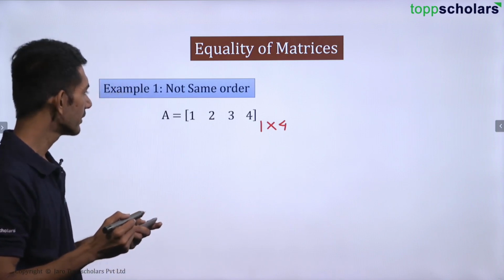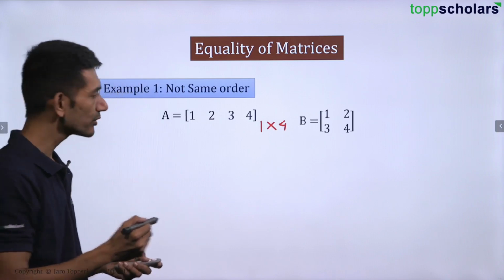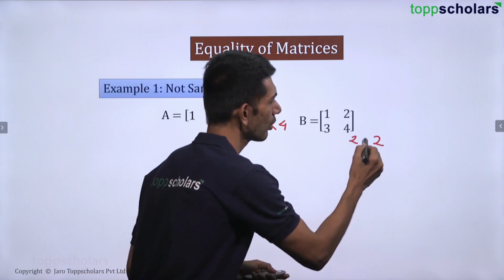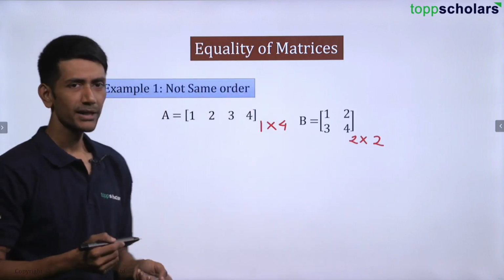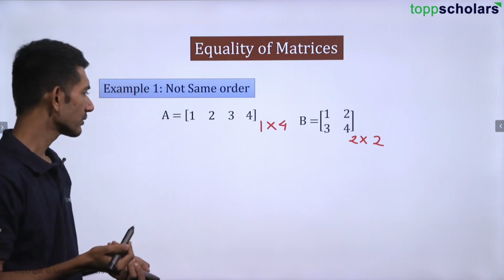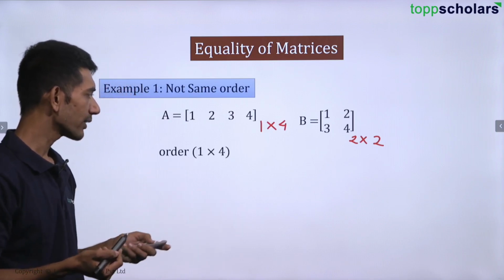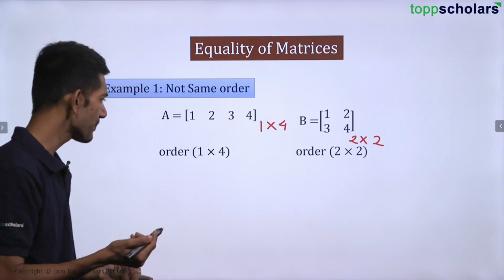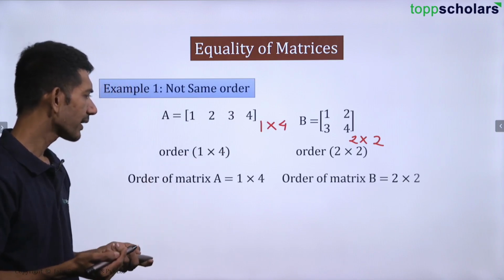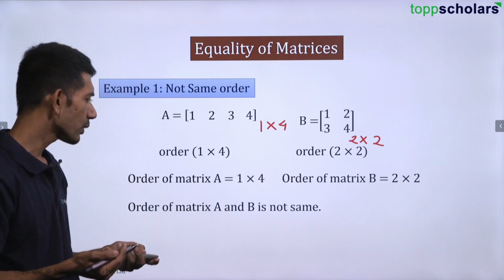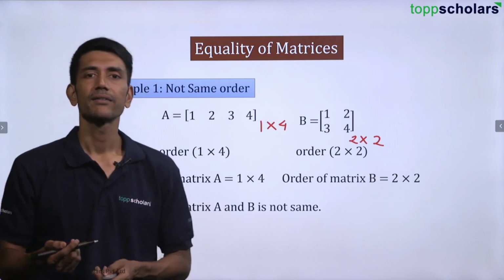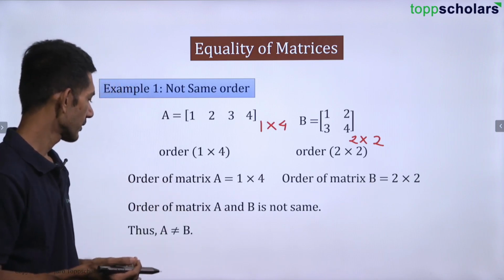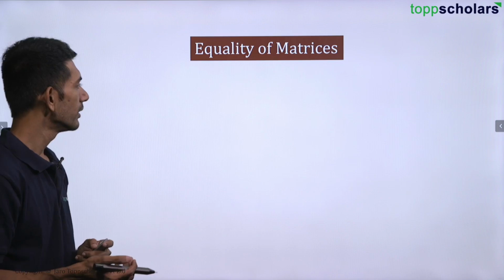Then we have B. How many rows are there? 2 rows. How many columns are there? 2 columns. So can I say both of them are equal? No, because their order is different. The order of A is 1 cross 4 and the order of B is 2 by 2. They are not equal. Therefore, we can say that these two matrices are not equal. The order is not same. Right? A is not equal to B.